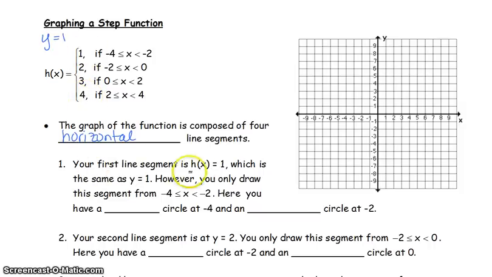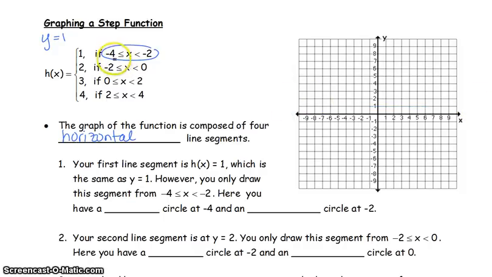The first line segment is h of x equals 1, which is a horizontal line at 1, the same as y equals 1. However, you only draw this segment according to the domain. So we've got a horizontal line at 1. That's the whole line at 1. We only want a piece of that line, so we're not going to draw the rest.